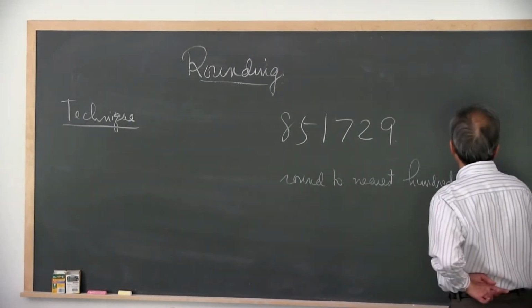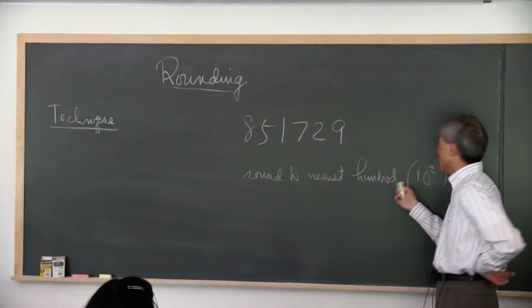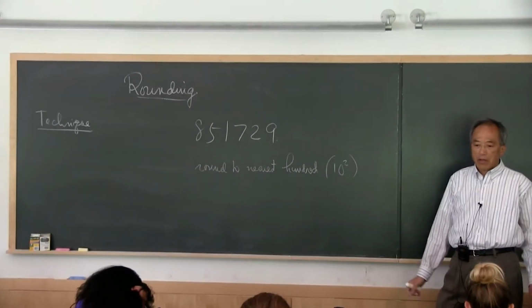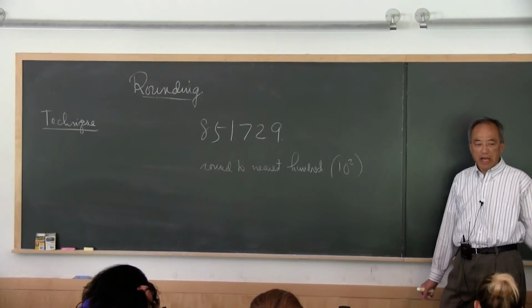Sometimes you say nearest 10 squared, right? Both are acceptable. So let's make sure we understand what this means.